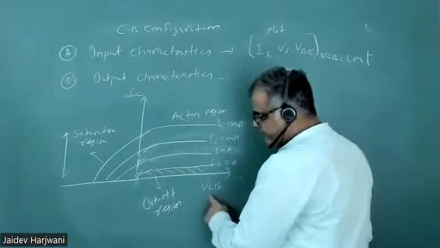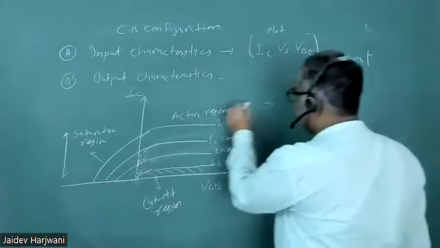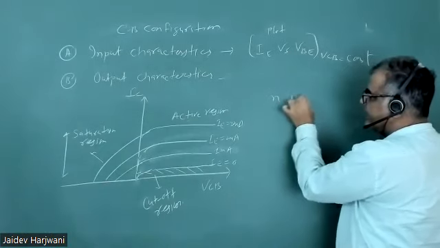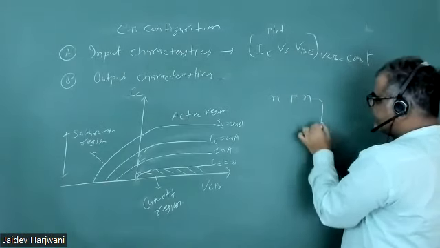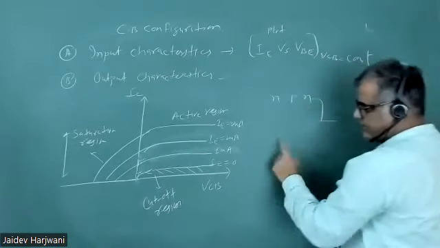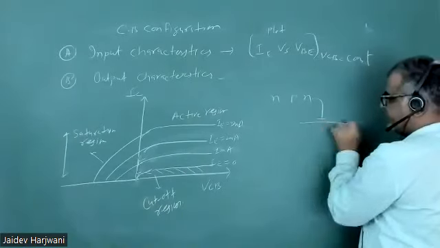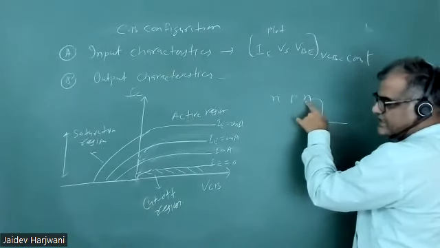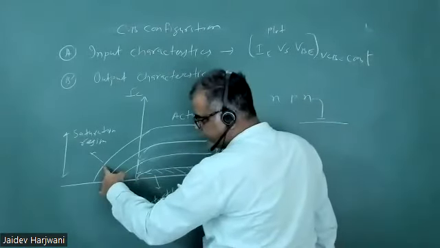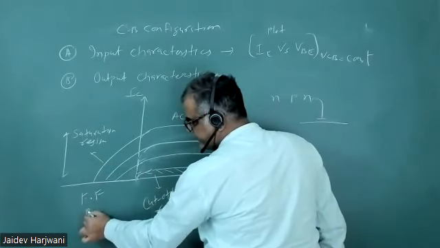Now, if VCB becomes negative, then this will become forward bias because it is an NPN transistor. So N should be connected with the positive, not the negative. If you make it positive, then it is reverse bias. Now, if you make VCB negative, then this becomes forward bias. So this region corresponds to forward biasing.